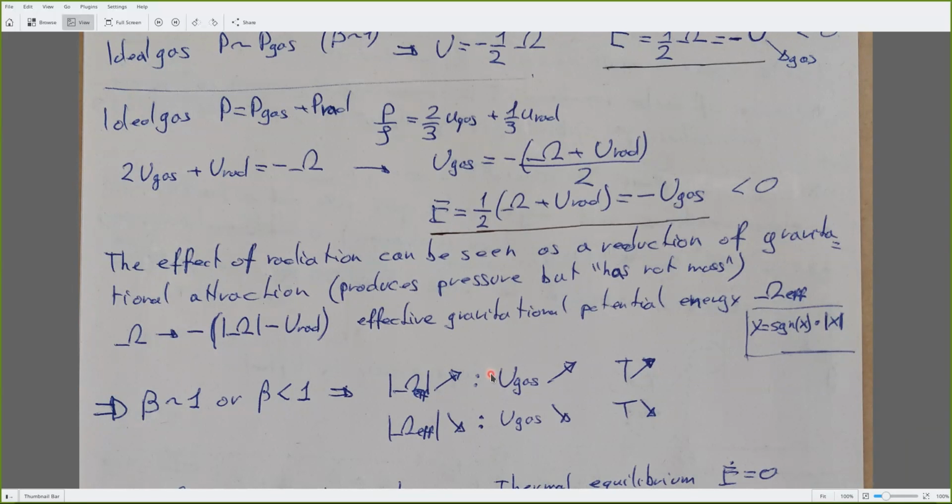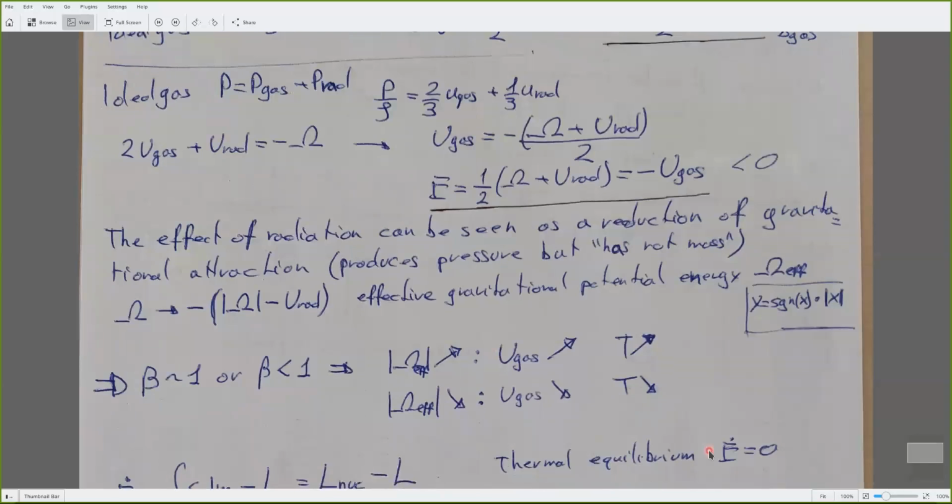So there is a compression. The internal energy of the gas increases, and the temperature will increase. That also causes the internal energy of the radiation to increase. If the effective potential decreases, then the internal energy decreases and the temperature decreases, as we saw before. But now we will see the effect in detail.